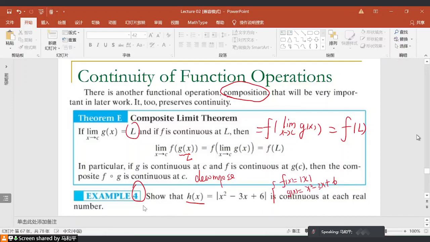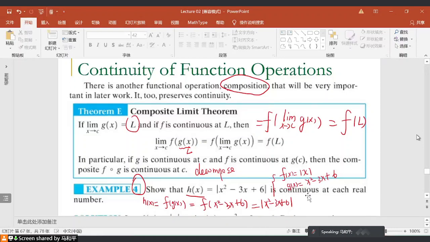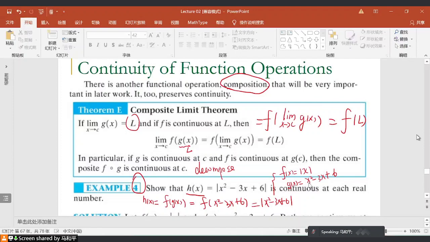And h(x) we can write is equal to f(g(x)). And decompose like this. And when f(x) and g(x), these two functions, both are continuous, we use the composite limit theorem.